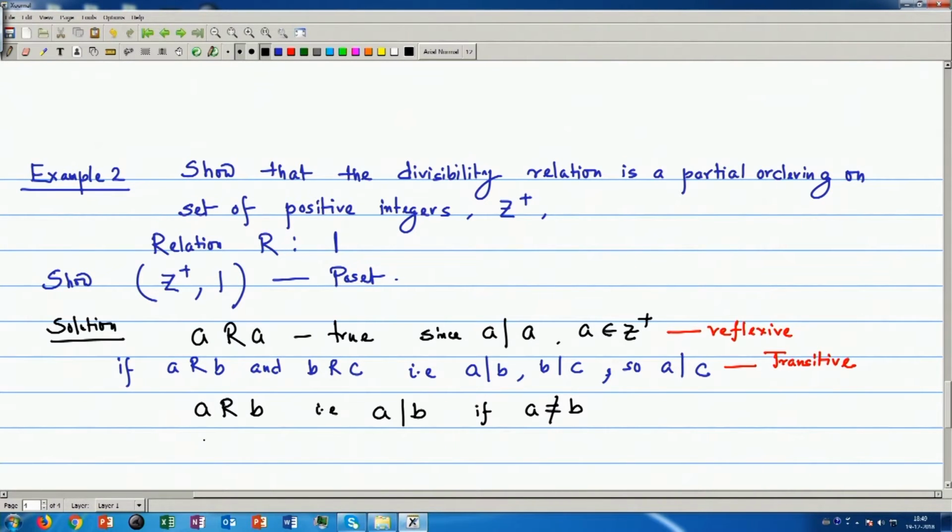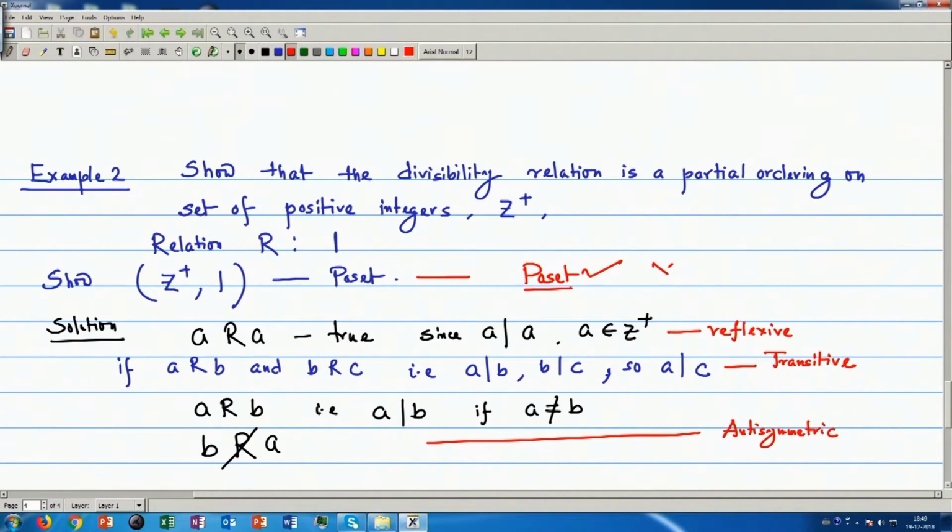That means B is not related to A in this relation. So this is antisymmetric. So Z plus with divisibility is proved to be a poset. Yes, it is a poset.